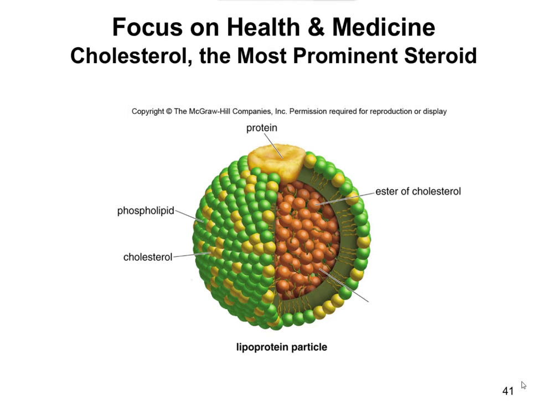So here's what that structure looks like. You have a protein core, which you can see here. And then attached to that protein core, you have a whole bunch of phospholipids, and these are the green dots that you see in this structure. And then you also see cholesterol in yellow. So these are large structures that basically embed cholesterol within them.